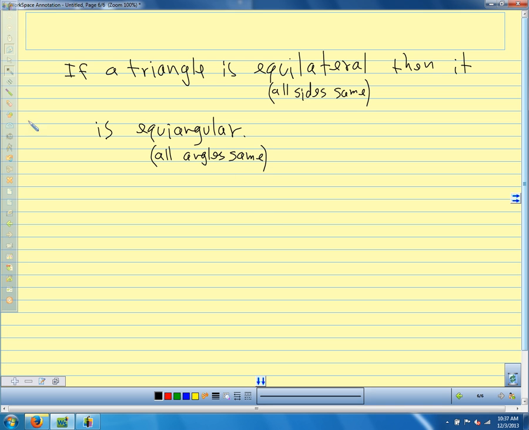So in pictures, if we draw a picture here, if we have all three sides the same, that tells us that all three angles are the same.